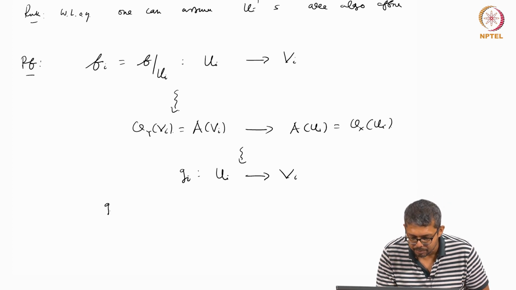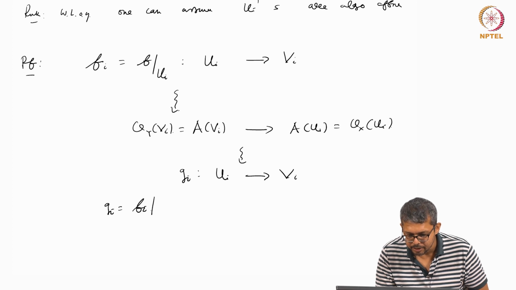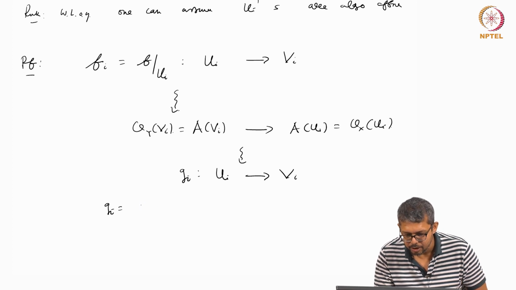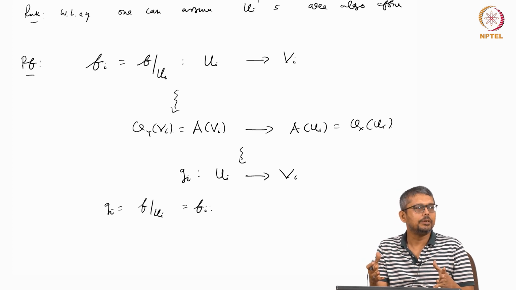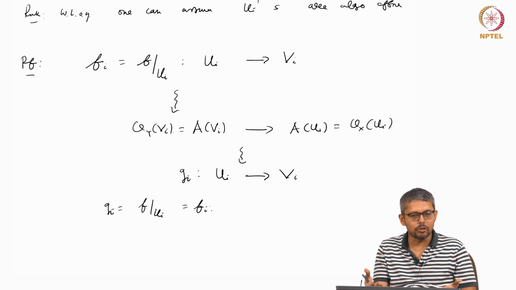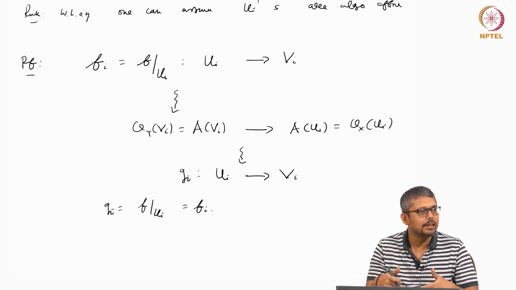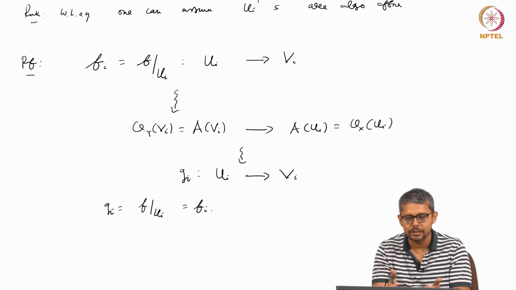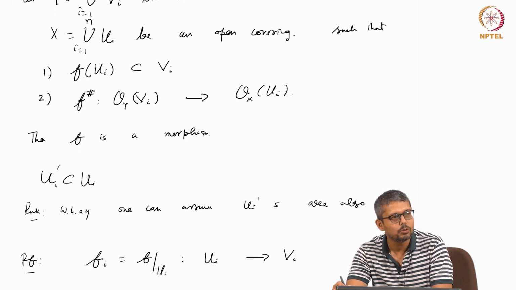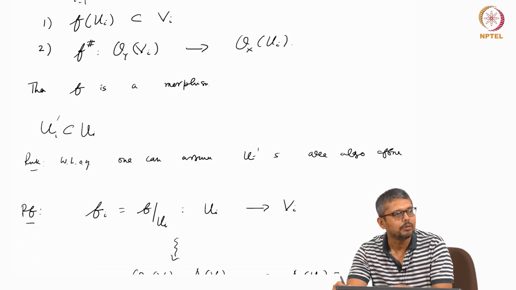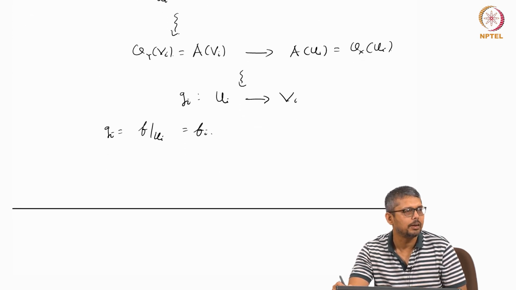So g_i is nothing but f_i, that is f restricted to U_i. A map of algebras gives a map of the affine varieties. So locally, this is a map of affine varieties, because of this condition that O_Y of V_i goes to O_X of U_i.